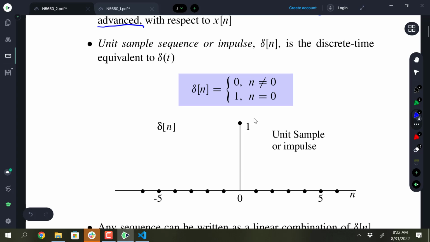Special sequences, and there's a number of those. There's not a huge number, but a special sequence is the unit sample or impulse, and that's the discrete time equivalent to the delta function from continuous time signals and systems. However, this discrete time delta or unit sample sequence doesn't have any of the hang-ups that you would have with the continuous time delta.